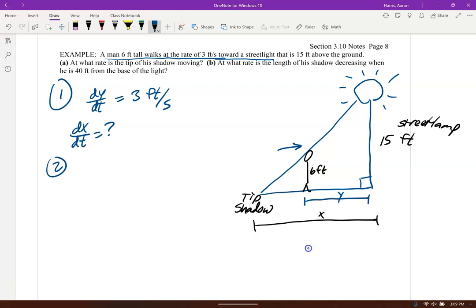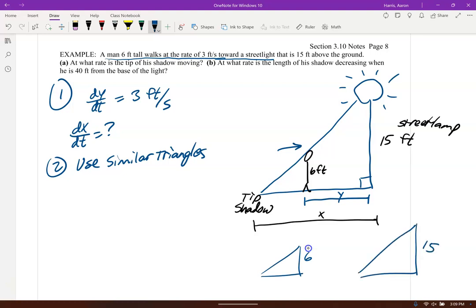Well, what you want to do is use similar triangles here. All right, you've got this. Here's the man and his triangle. Here's the big one with the street lamp. If you notice, this distance would be x minus y right here.